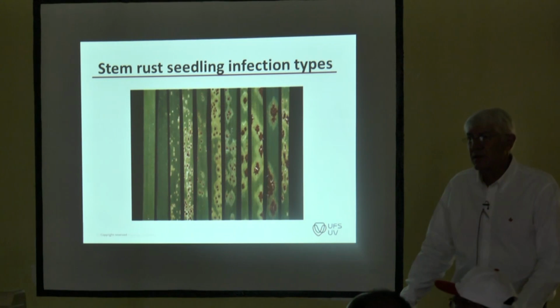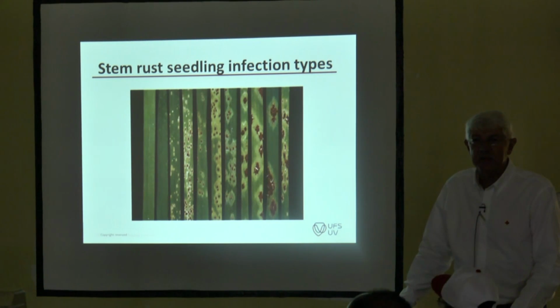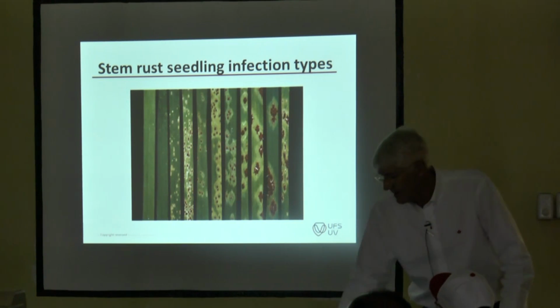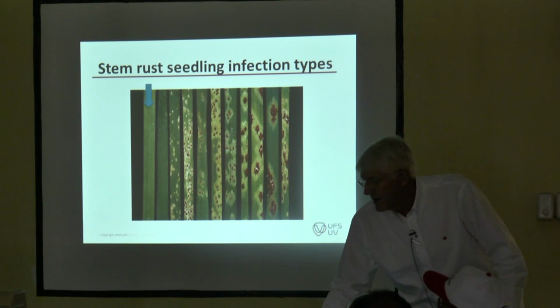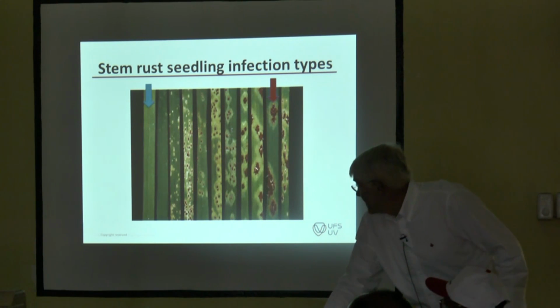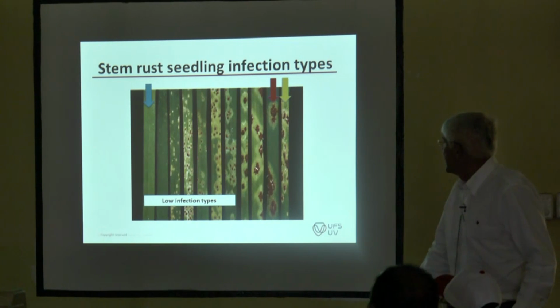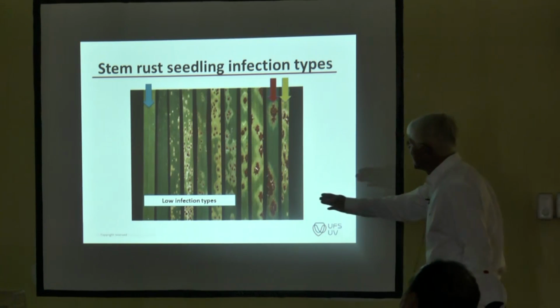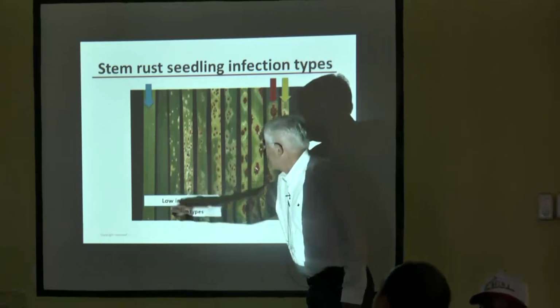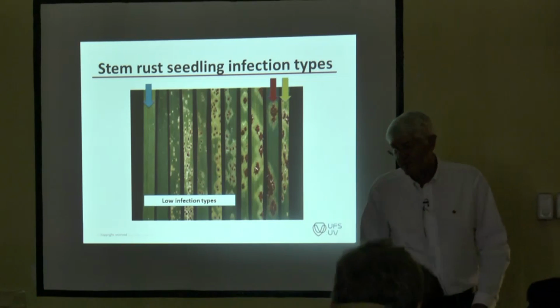What is it called? Robert explained this in a previous lecture. X, yeah. So we go from complete resistance to susceptibility, the X, and then generally this group would be the low infection types.